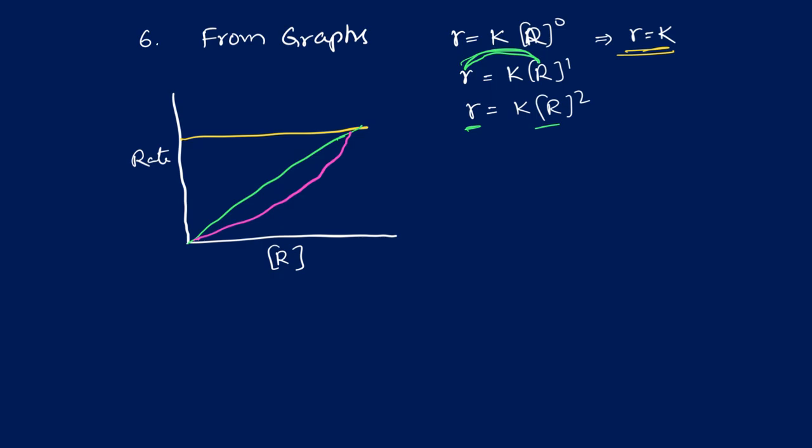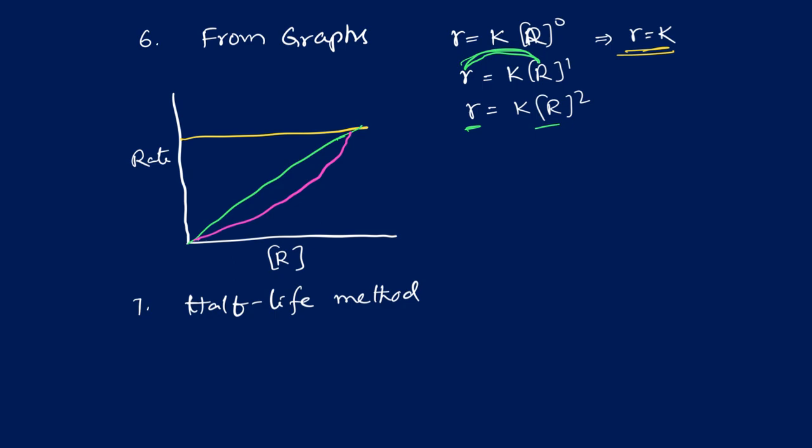Next, seventh one is T-half method. It means half-life method. So this half-life method for each order is different. So based on that also we can determine.